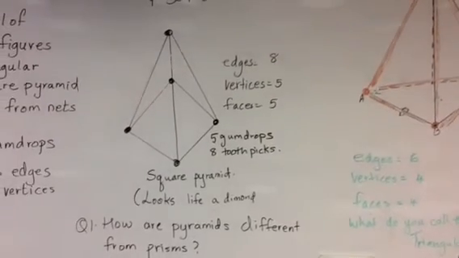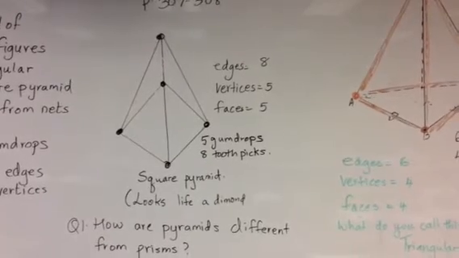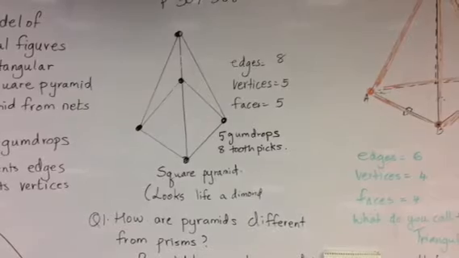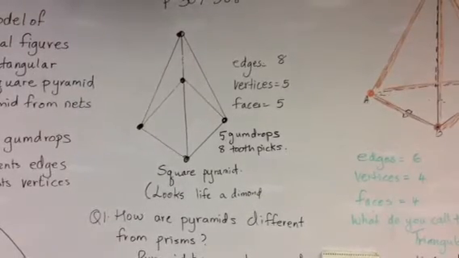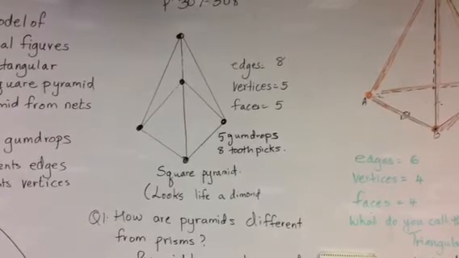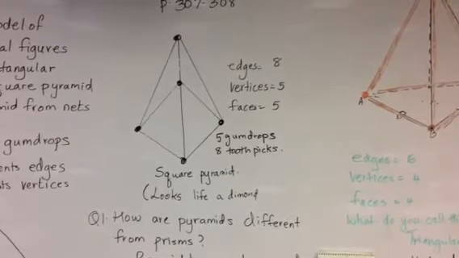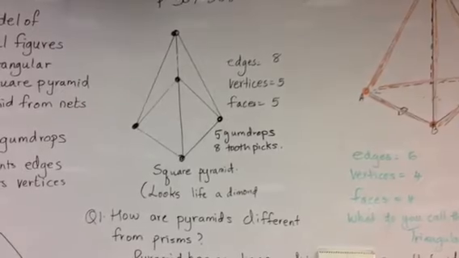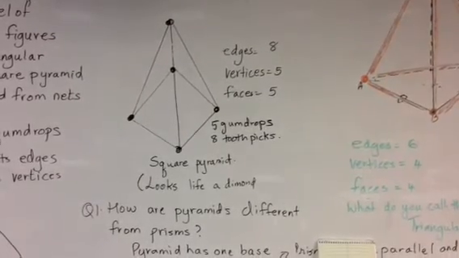Okay, the first picture over here is a square pyramid. If you look at a square pyramid, look at the base at the bottom. It looks like a square. Now I use 5 gumdrops. The dark bold spots are the gumdrops. There is 1 gumdrop, 2, 3, 4, 5. That means there are 5 vertices. Now edges are the toothpicks. Count the toothpicks. Each of those gumdrops has 3 edges.